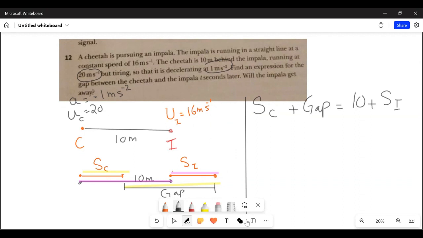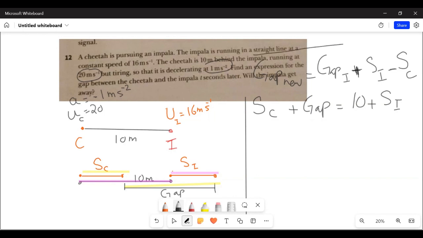Okay, there's also a general formula for this as well, which is: new gap equals initial gap plus distance of the animal that's ahead, so that's the impala, minus distance of the animal that's behind, so that's the cheetah.